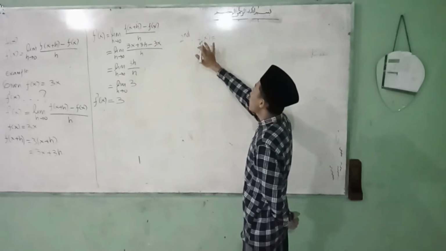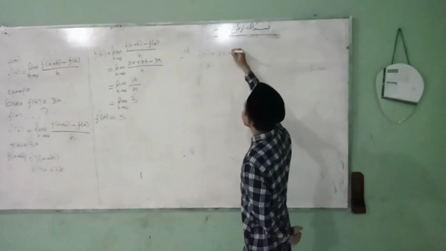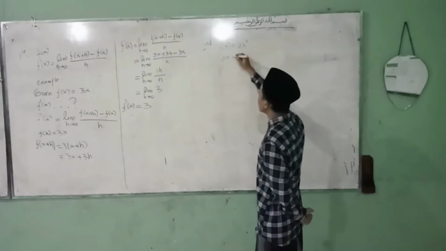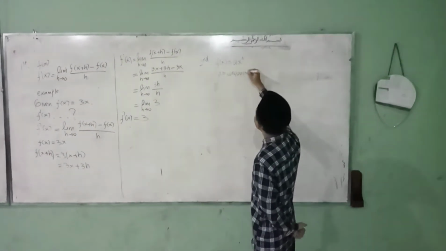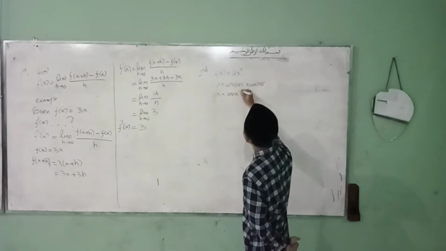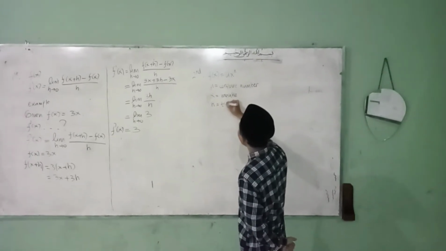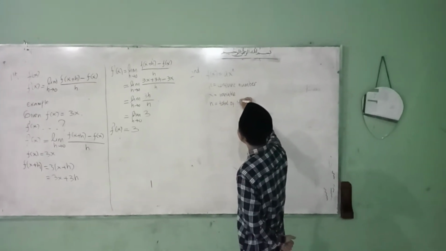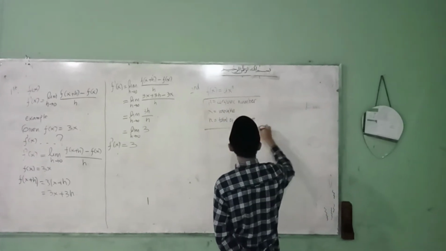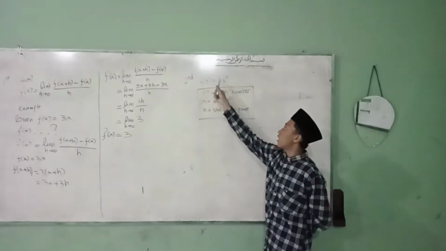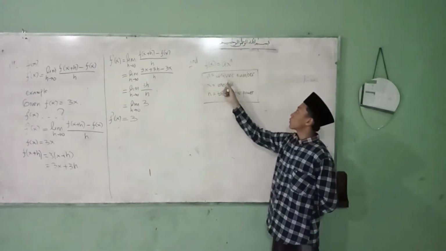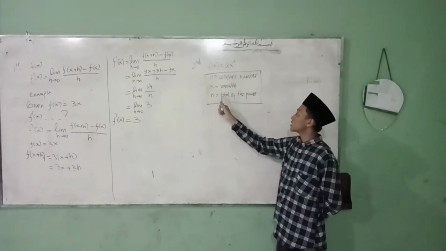We have the function f of x is equal to a x to the power of n, where a is a constant number, x is the variable, and n is the power.